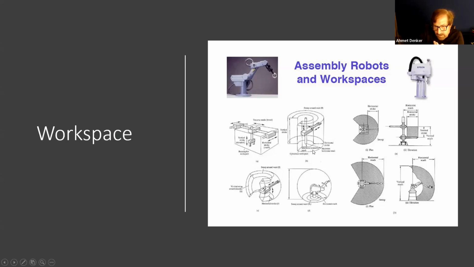But if I wanted to cover the cylinder, I am going to need another prismatic joint here. So you can see the joints here with the arrows, prismatic and revolute joint. A cylindrical robot, I can in short call a PRP robot: prismatic, revolute, prismatic.